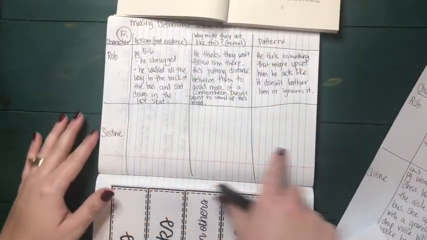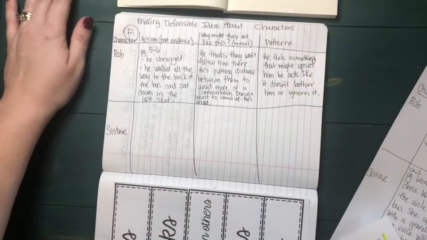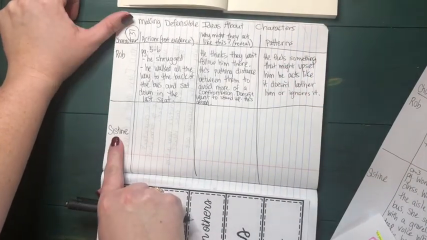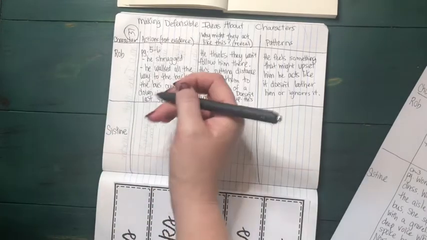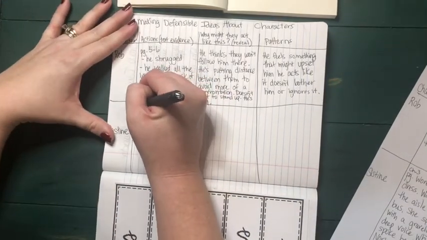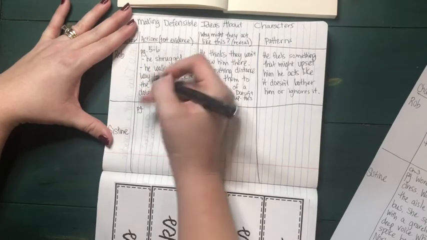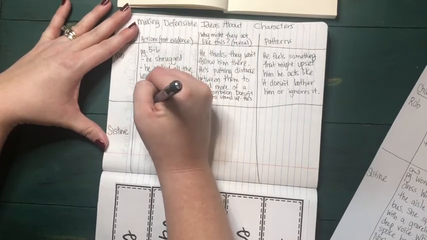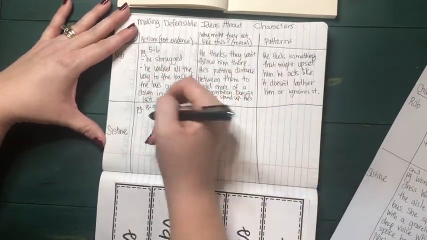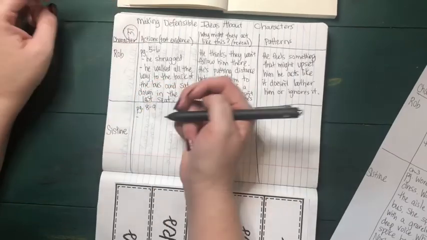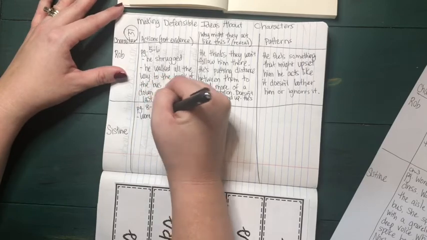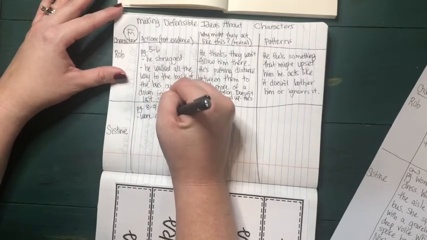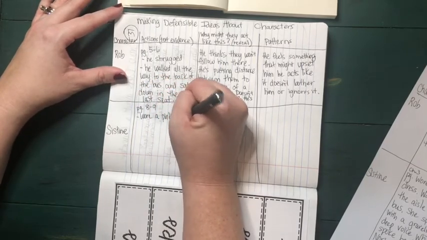We're going to go back to our chart and we're going to start creating the defensible ideas of who we think Sistine is as a character based on her actions. So within that text evidence that we just read, we were looking at pages 8 and 9. And some of the text evidence that we're going to use is that she wore a pink lacy dress.